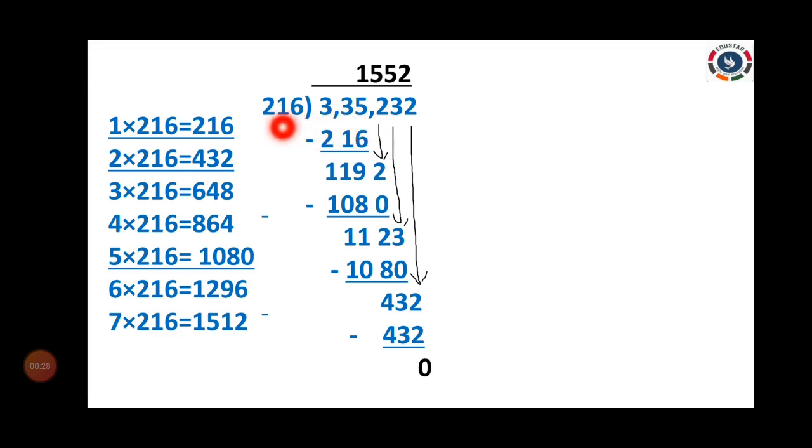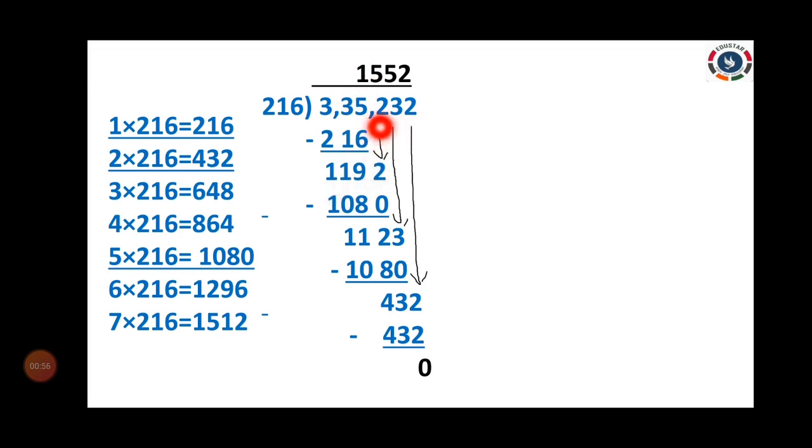So 216, it is 1 time. If it is 2 times, it increases the value beyond the dividend, so we don't want to take it. So only 1 time is there. Take 1 at the top and 216 at the bottom. Then you subtract the values. You get 119.